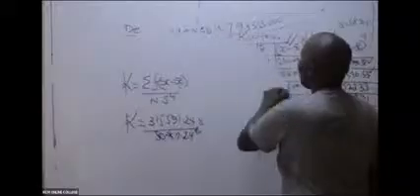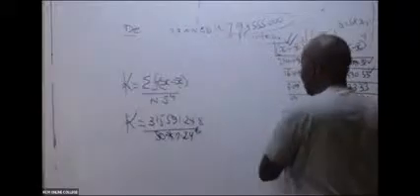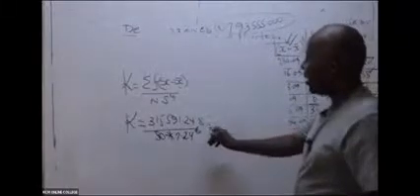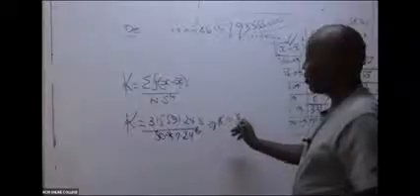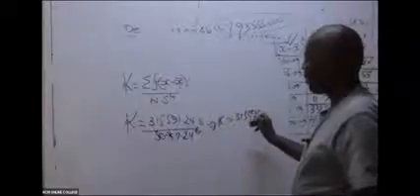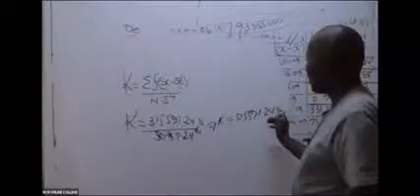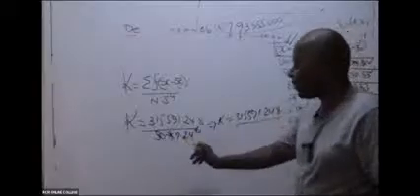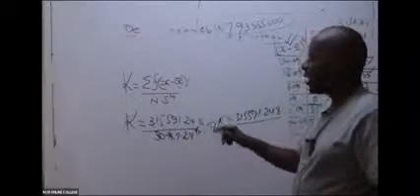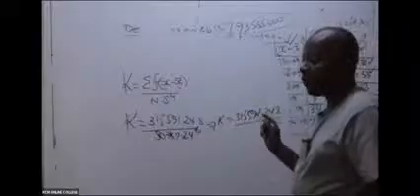So first of all, take care of your denominator separately. Come and tell me that K will be equal to 315,591.248 divided by 50 times this. So 50 times 7.24 raised to power 4.